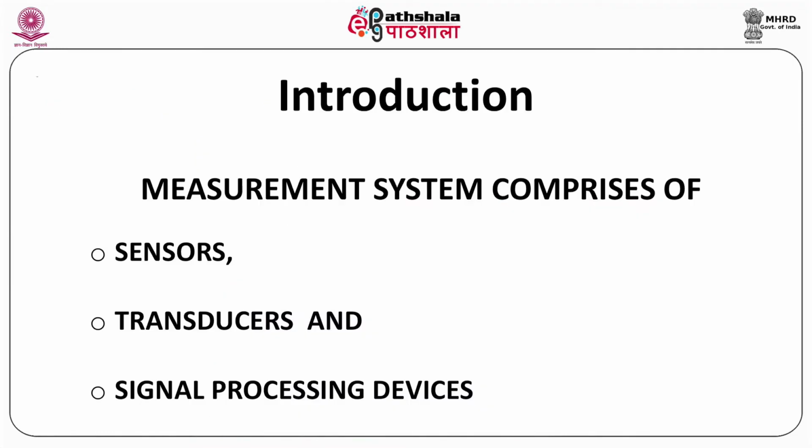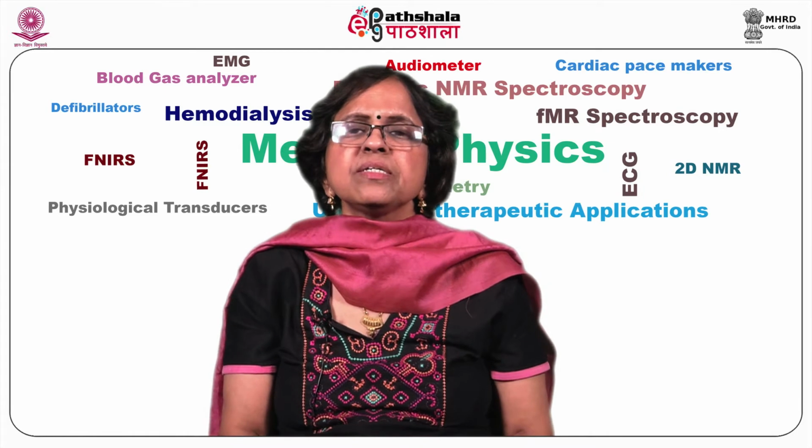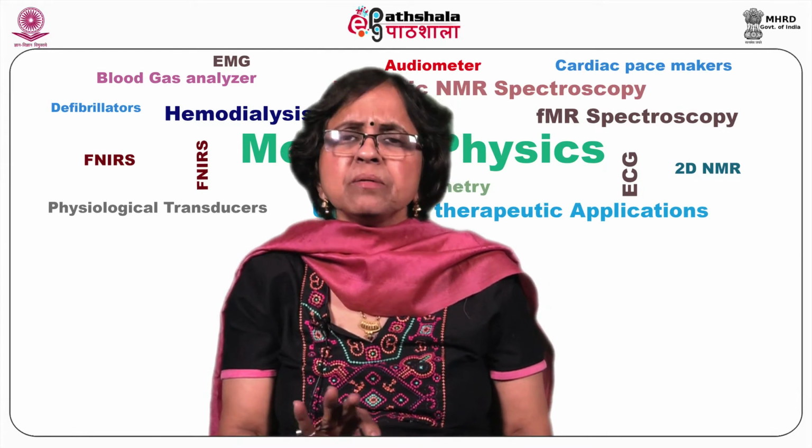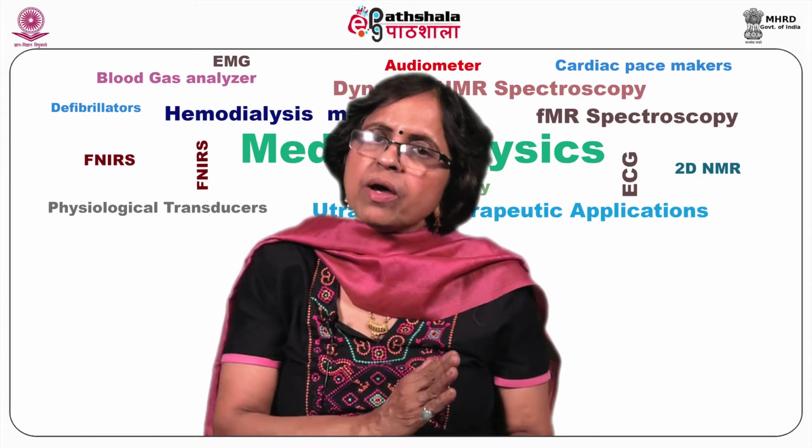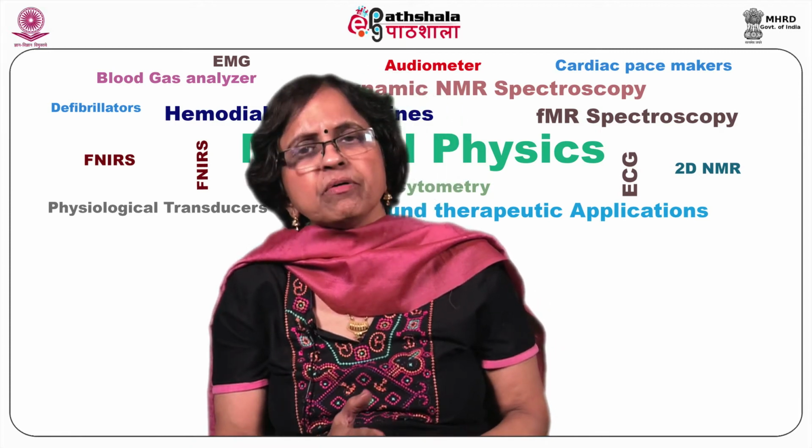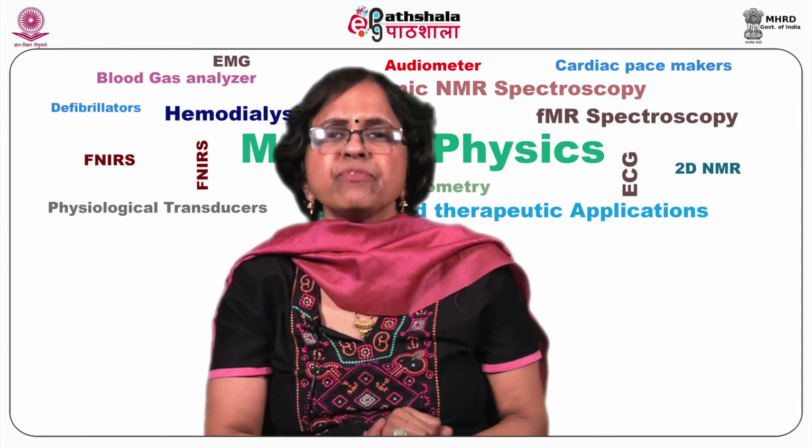Now when we talk about what you understand by measurement of a system, it comprises basically, many more are there, but the basic things are a sensor, a transducer and a signal processing device. These are the basic fundamental things. A transducer is a device, in simple terms, that converts one form of energy to another form of energy, like we studied in the first law.